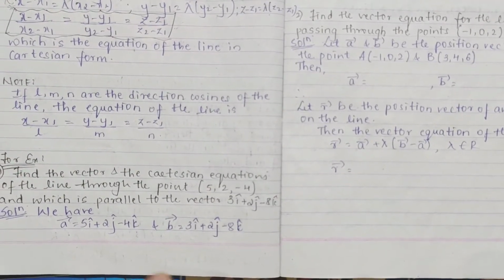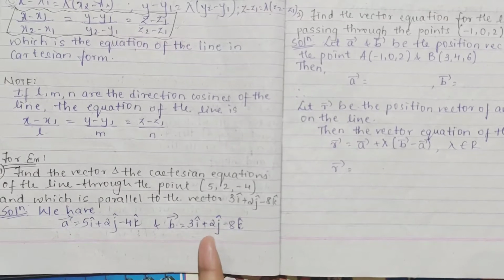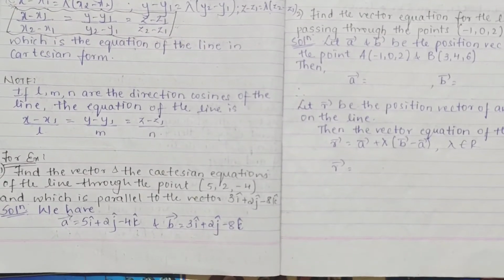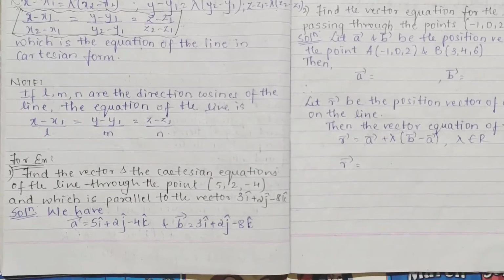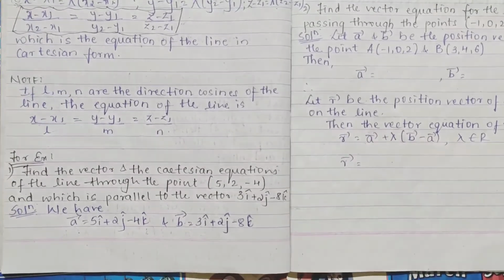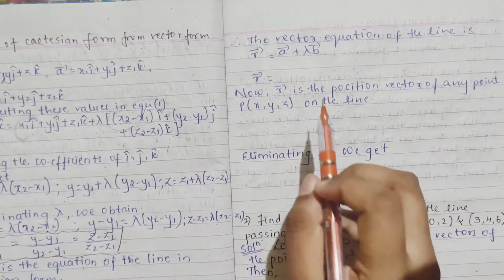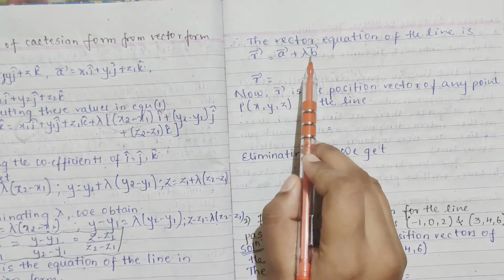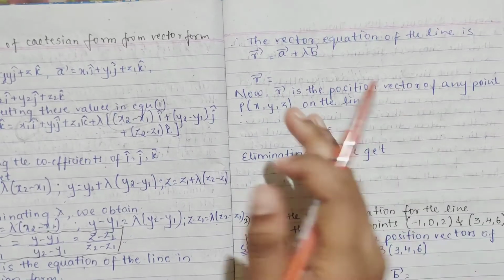So here you can see you have got your a, you have got your b. We will take our vector equation. What is our vector equation? Pause it to note down. So the vector equation of the line is given by vector r is equal to vector a plus lambda vector b, right. So we'll just substitute.